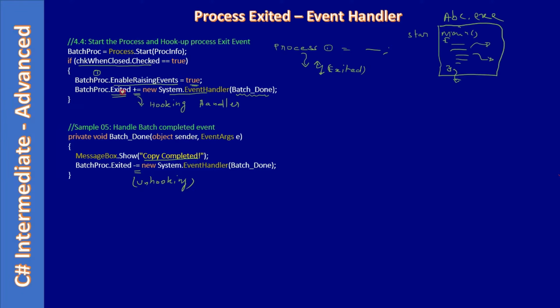The part you have to remember is, from your Process class, use EnableRaisingEvents and set it to true. After that, hook the Exited event with a handler function, then write the handler function and write whatever you want to do when the process exits. So let's say the batch process will copy some file to the destination.